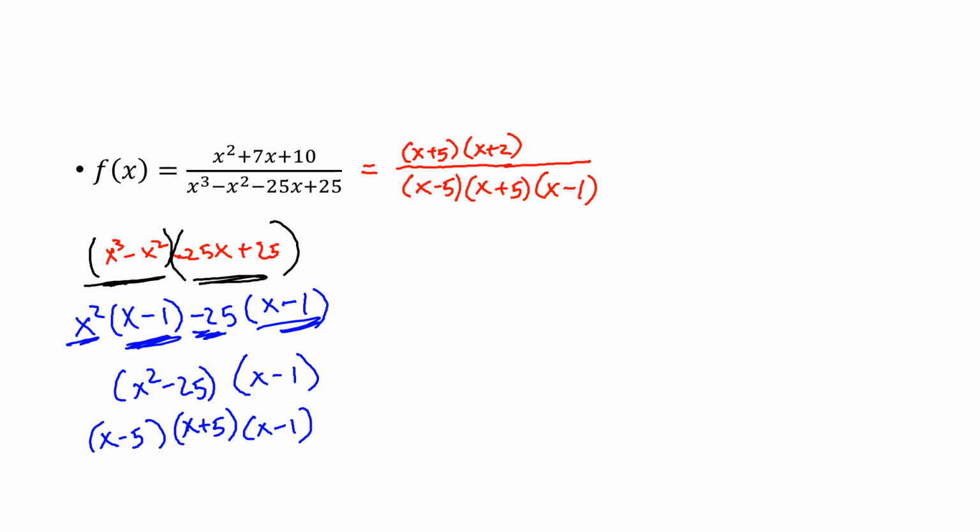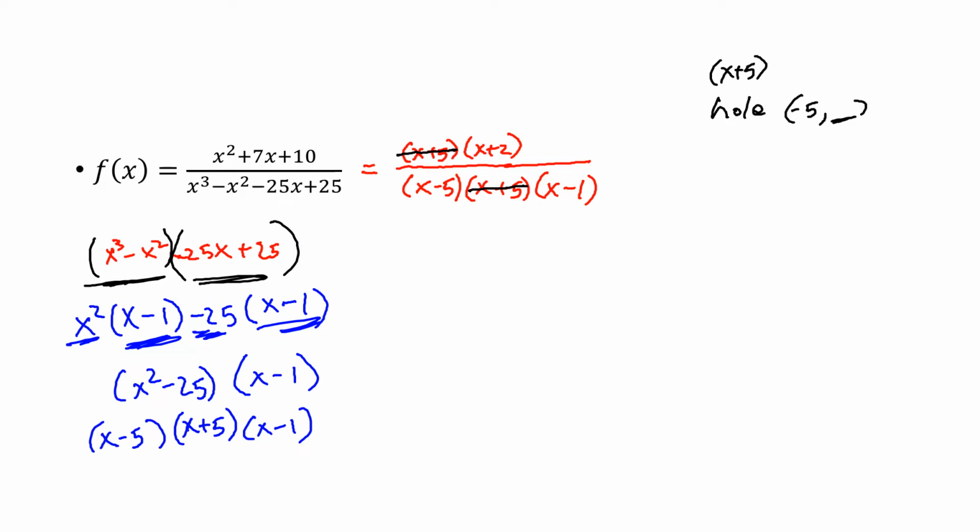The purpose behind this is to check if there are any holes. We'll notice that x plus 5 is going to cancel out. That means that we'll have a hole for this particular factor. In other words, there's a hole where x is negative 5.